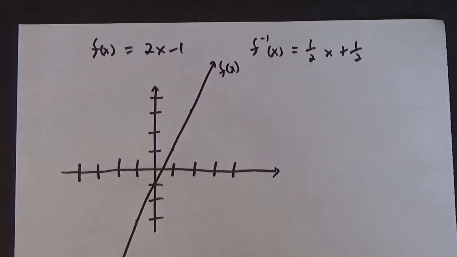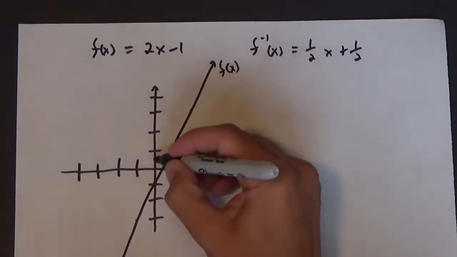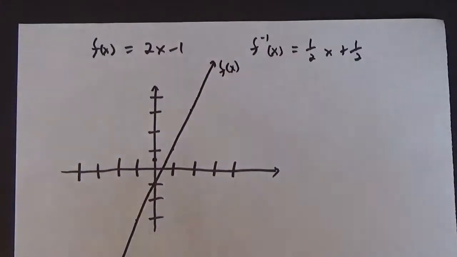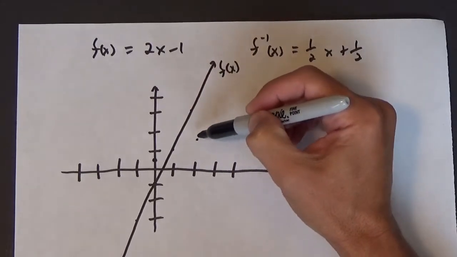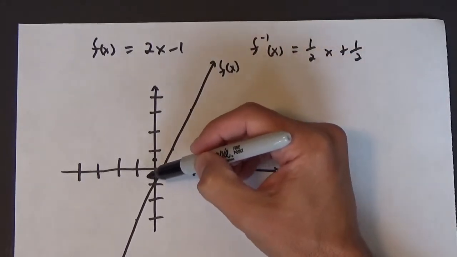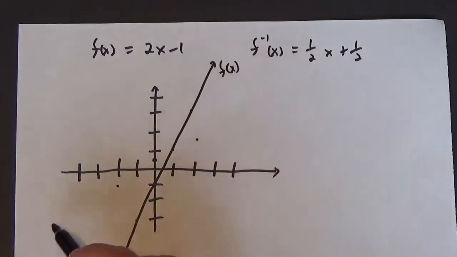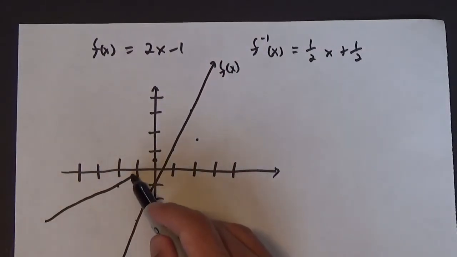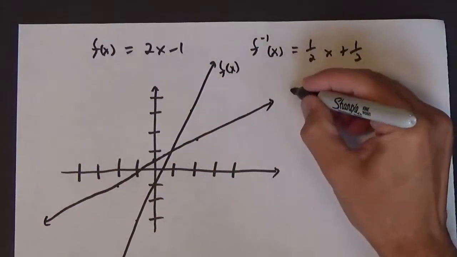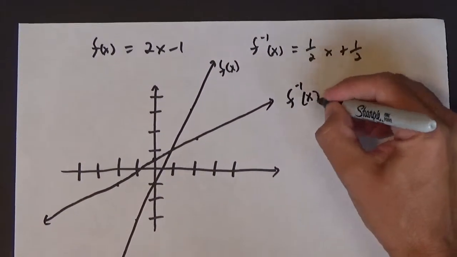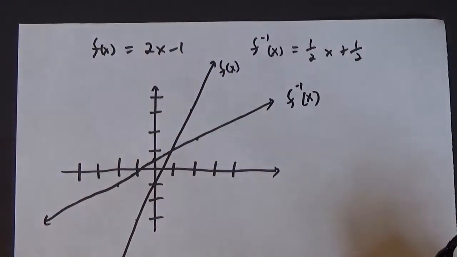Now we've got to do this other function, which is 1/2 x plus 1/2. So the y-intercept's 1/2, and we go up 1 over 2. And there's our inverse.